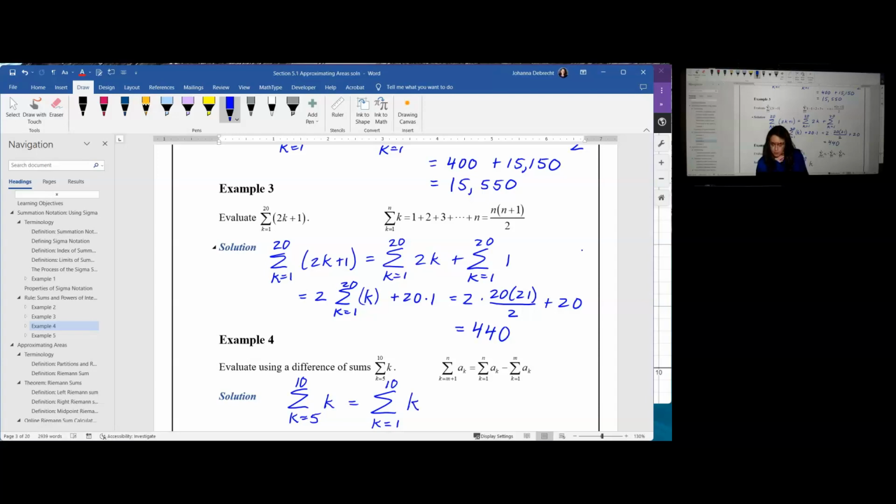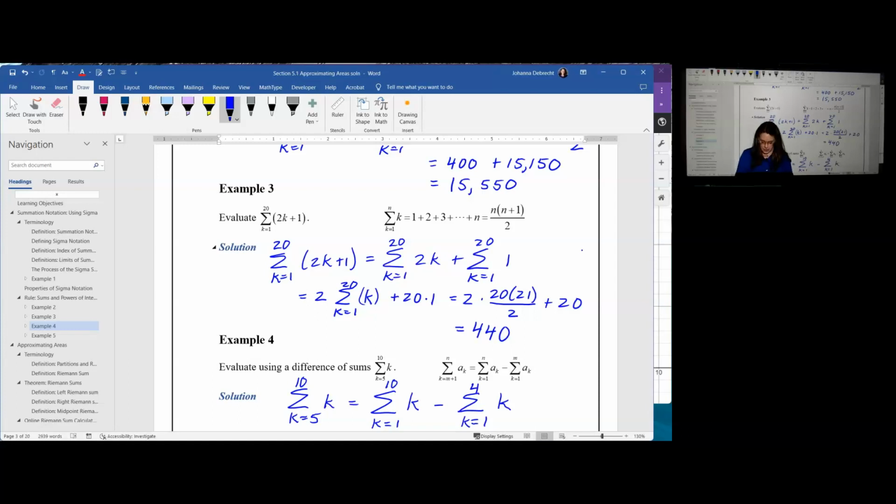So we have the sum from 1 to 10. However, I really don't want the first 4, so I subtract the sum from 1 to 4 of k. Now that you have the formula down, go ahead and pause the video to apply the formula and turn it back on so we can compare.